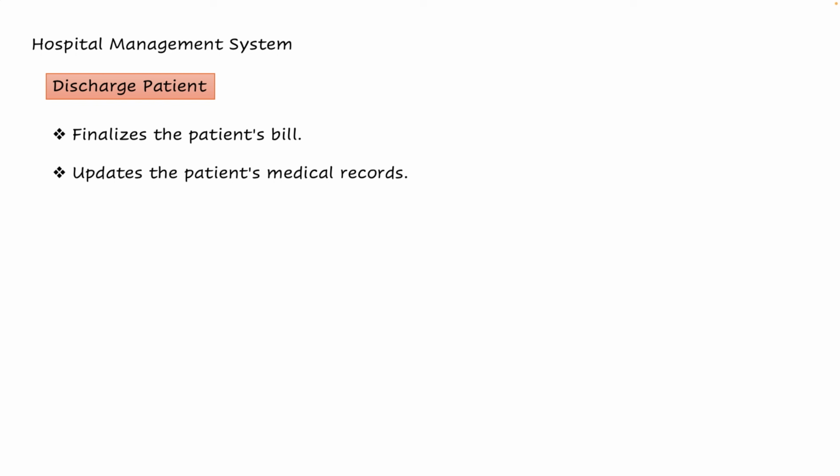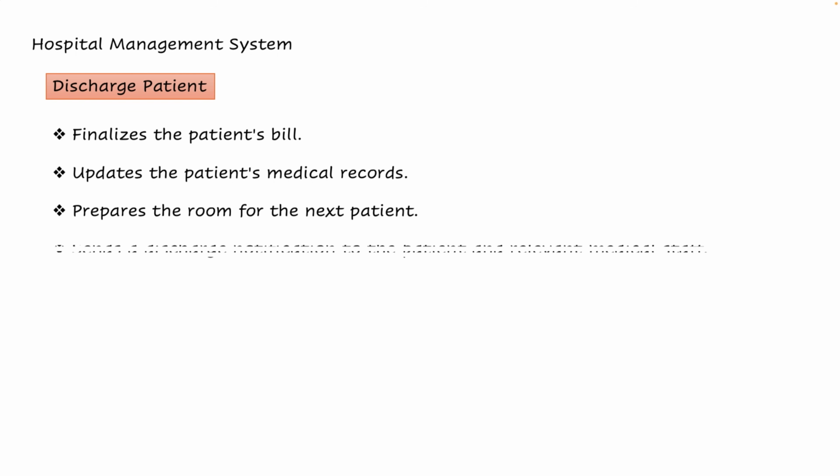Correct? Once we update that, we also need to assign that room to the next patient. Fine. If all are done, then we need to send a discharge notification to the patient and all the relevant medical staff. So these are the steps or actions we need to perform to implement the discharge patient feature.